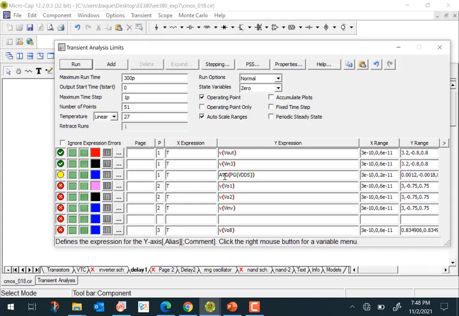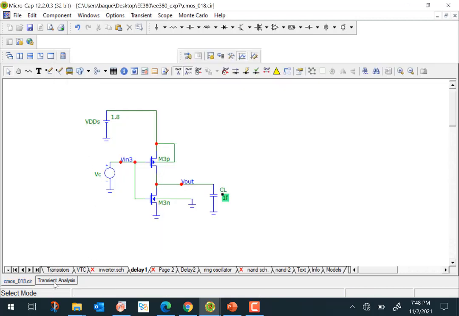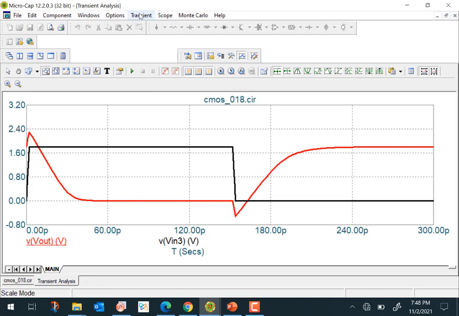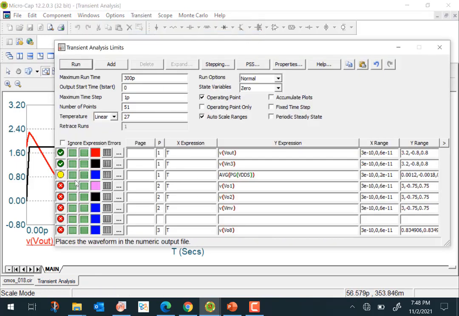So for one cycle, you can take an average and look at what is the power generated in the supply voltage. Note that the supply voltage is VDDS here. So we can plot the transient limits along with it, and we can call it 2, so you can see it separately.